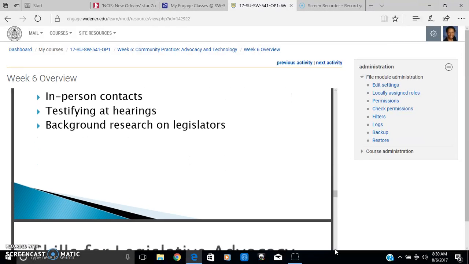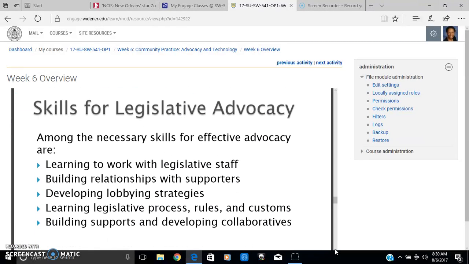Testify at hearings and understand who your legislators are, what projects, what policies they are most in tune with, and look to try to influence them to consider issues that you and the community feel are needed to make changes in that community.